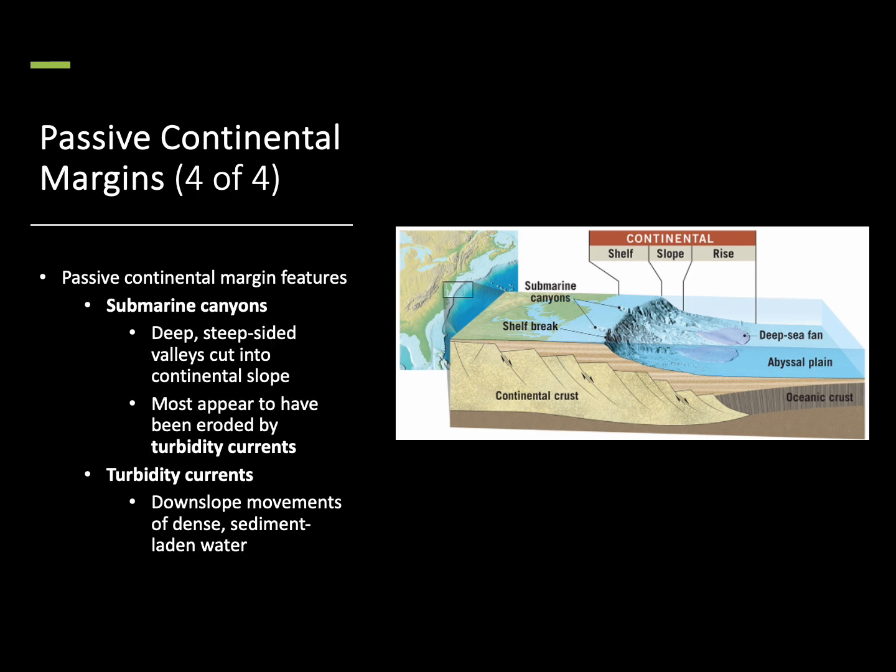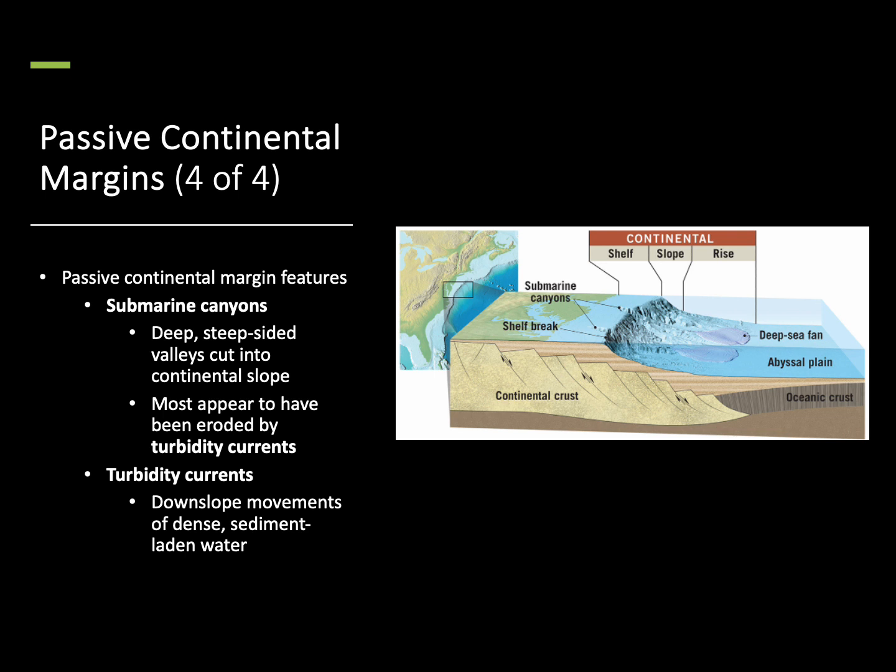So all of this really sediment-heavy water, this is called a turbidity current. And this turbidity, it just means it's water with a whole bunch of sediment inside of it. So when we have water full of sediment, just like it did in a stream, it's going to start eroding the sides.